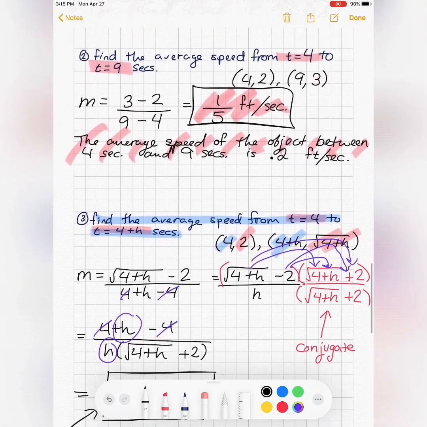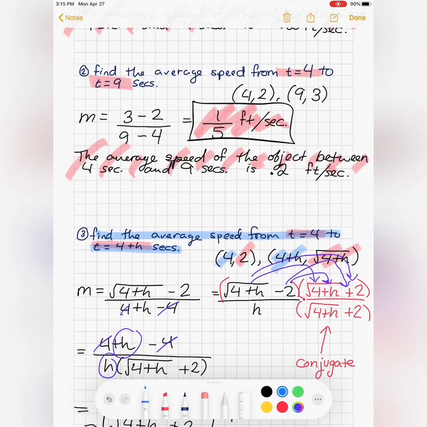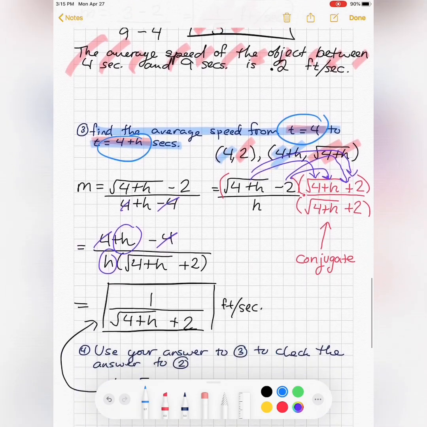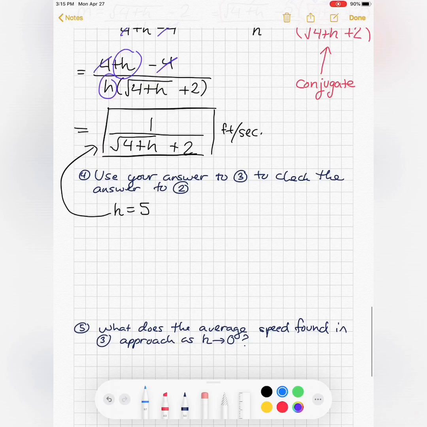Okay, so one more time, look. To get from 4 to 9, well, 4 plus 5 is 9, right? So h would have to be 5. So if I plug h equals 5 in that formula, what do I get? I get 1 over square root of 9 plus 2, 1 over 3 plus 2.